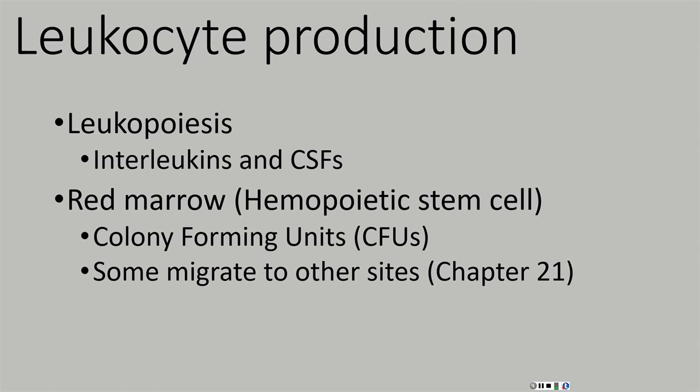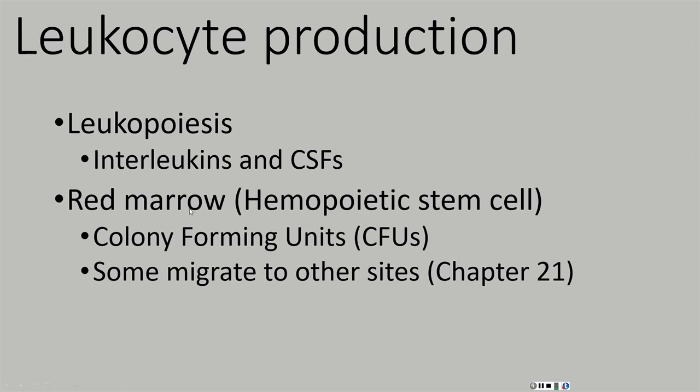And it is under the control of a few different chemicals, specifically something called interleukins and colony-stimulating factors, or CSFs. And these are produced in a few places in your body, primarily something like the thymus, the lymph nodes, and by other white blood cells. But a few other places in the body make them also, and these cause leukopoiesis.